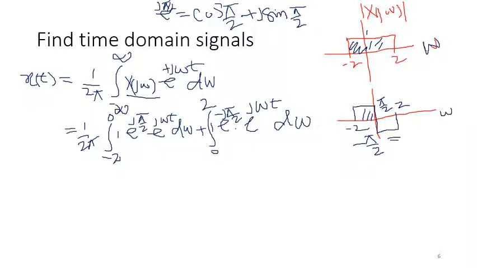Cos of pi by 2 is basically 0, and sine of pi by 2 is basically 1, so from here we get j times 1. So this whole thing reduces to j, because the scaling factor is multiplied with both the terms. So I just take this 1 by 2 pi common.